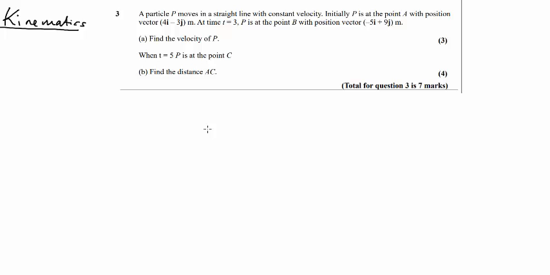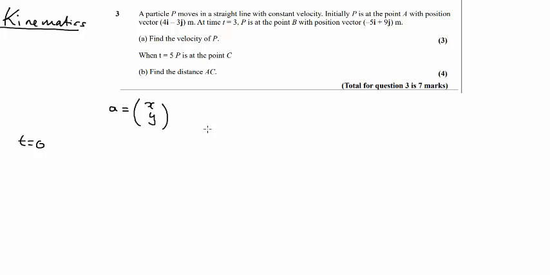Initially the point P is at point A, blah blah blah. Okay, let's have a look. It doesn't look like it's giving me anything to do with A, so A is going to be my X and Y. Initially it's at position, so let's do this. At t equals 0, it's moving with constant velocity.